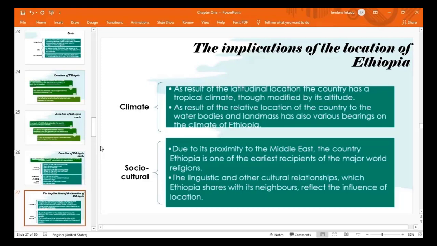This has also various bearings on the climatic condition of the country.